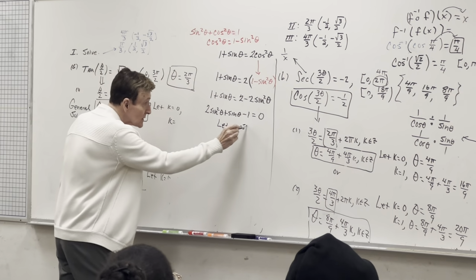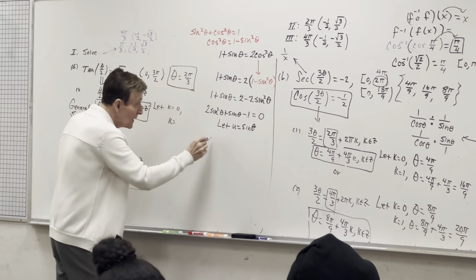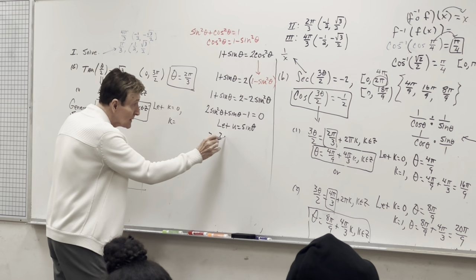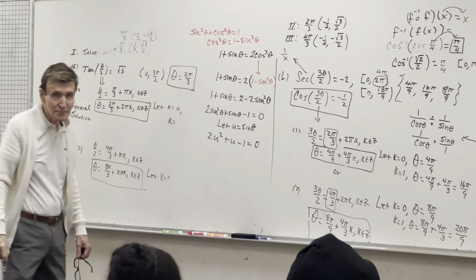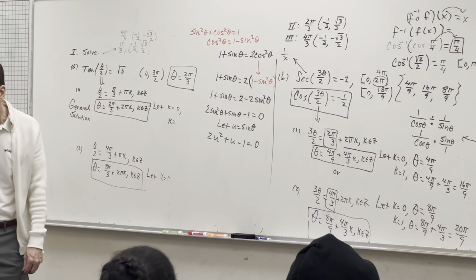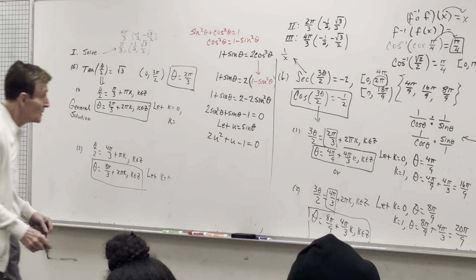And therefore now this becomes 2u squared plus u minus 1 is equal to 0. Now you're back across the street, you're in middle school. I hope this factors.